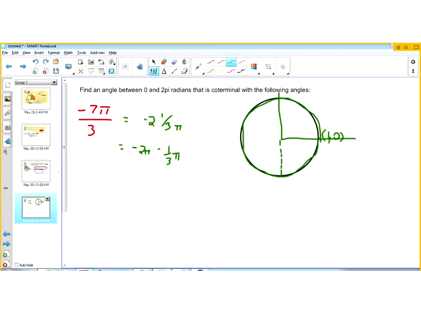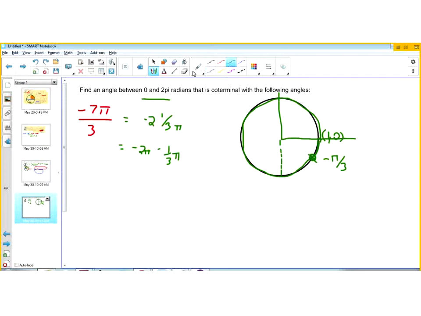And then we go another pi thirds in the clockwise direction. So right here is negative pi thirds. When we take a lap, negative 7 pi over 3 radians around the circle, we end up somewhere here in quadrant 4.